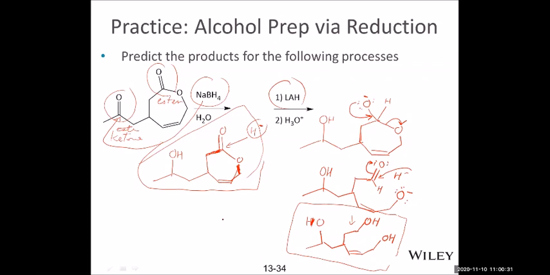So all these have different reactivities. The hydride can react with all these carbonyl groups, regardless of what kind of structure. The sodium borohydride only reacts with aldehyde and ketone. So that's the difference between these two. Anyway, that's my answer key for that, kind of messy.